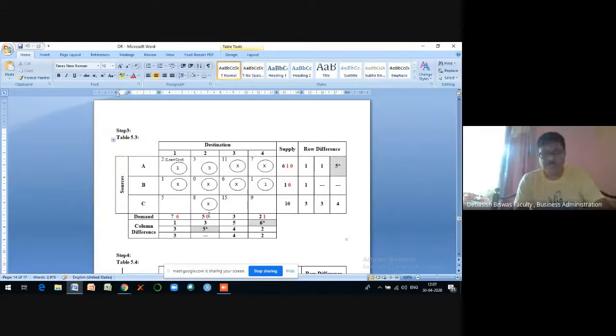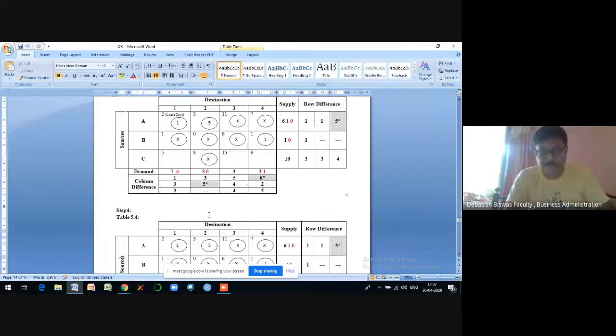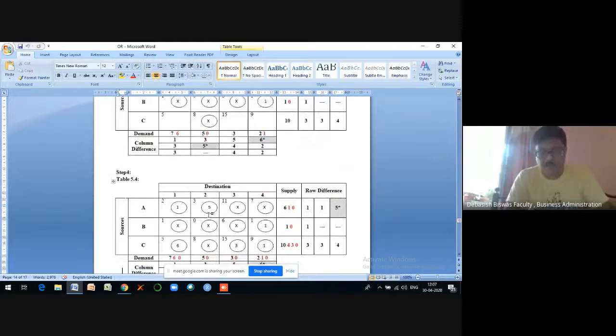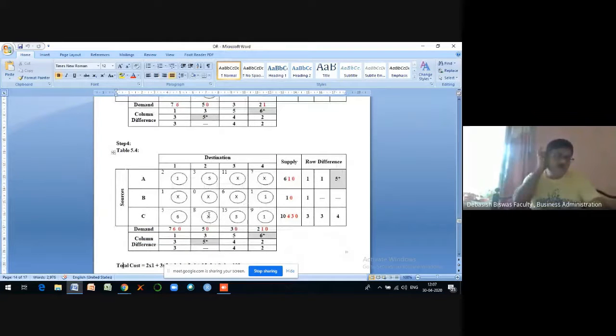Right. So now we are coming to the next table. What is happening in the next table? We will not consider the first row, we will not consider the second row, we will not consider the second column.